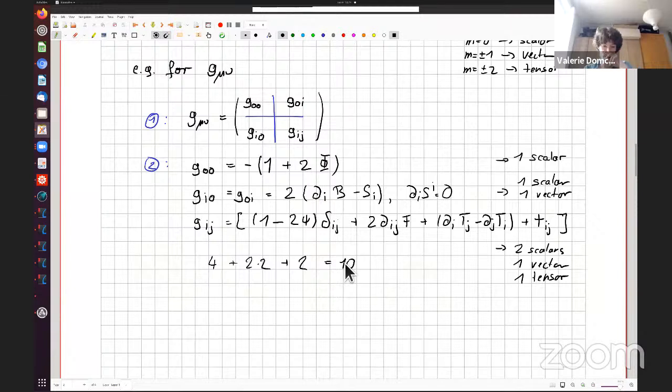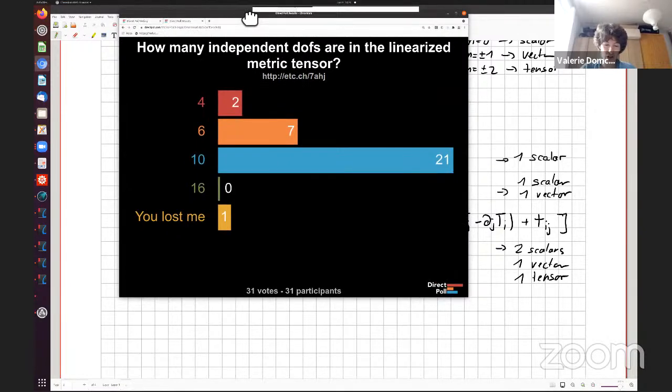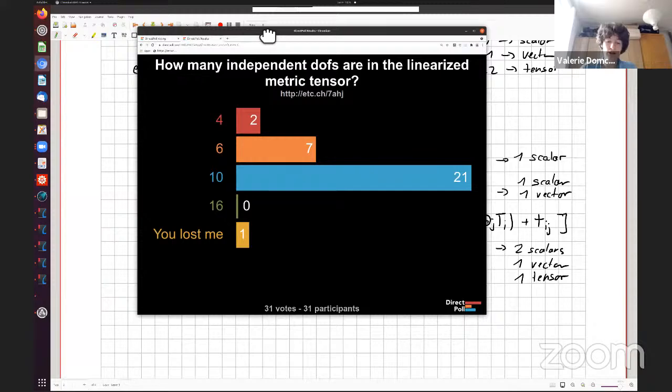Because if I have a symmetric 4x4 tensor, you can count how many entries you can have just by doing this trick here. So 1, 2, 3, 4. Now you count the dots and it should be 10 because the downstairs components here are already specified from the fact that it is symmetric. So the answer that essentially the majority vote here is correct, right? So we have 10 degrees of freedom in the metric tensor to start with.